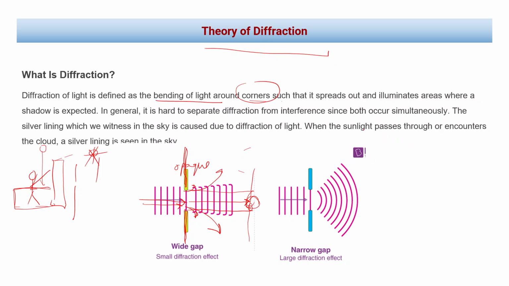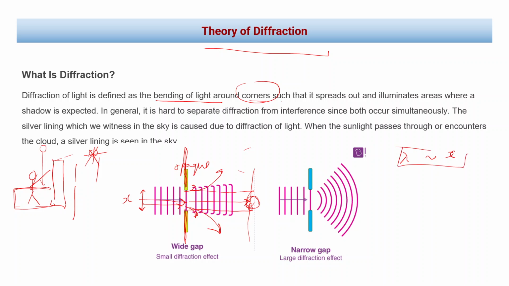Here this definition is right, but this situation only happens when the wavelength is comparable to the size of the obstacle, or the opening here. If I call it x, the slit opening is of x length units, then only if the wavelength is comparable will we see diffraction.